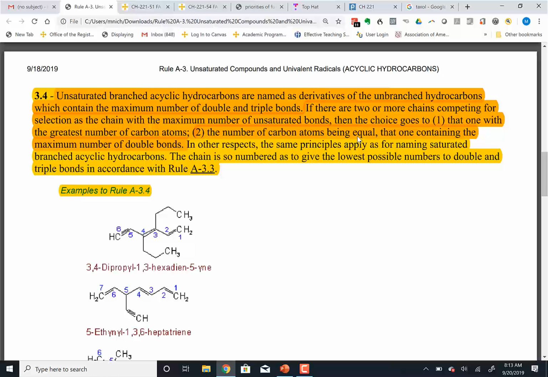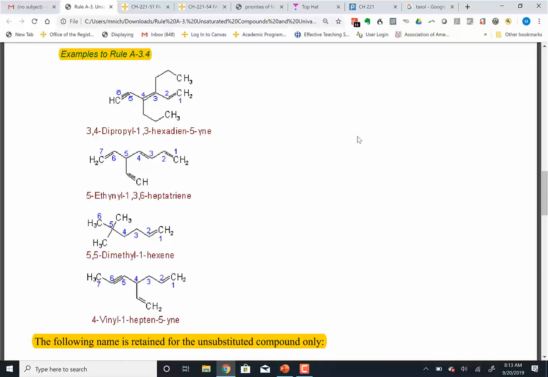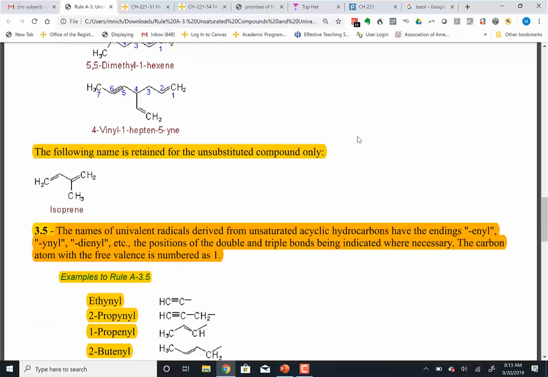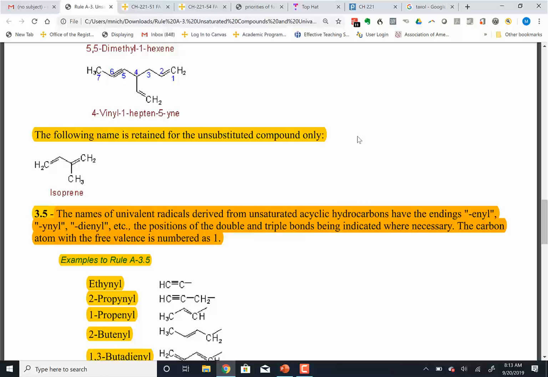So the book's rules are correct, because IUPAC made these sort of anomalous rules. In terms of a double or a triple bond, you're going to choose the longest chain that contains as many of the double and triple bonds as possible.